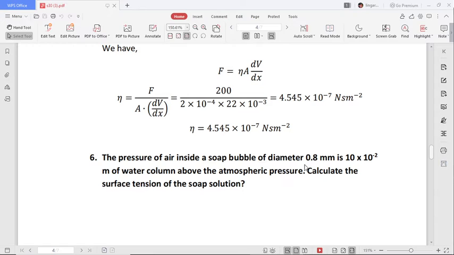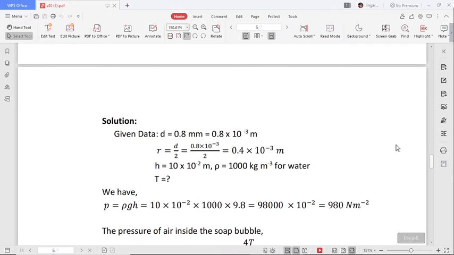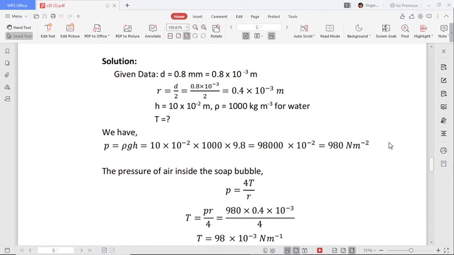Next is the pressure, the sixth problem. The pressure of air inside a soap bubble of diameter 0.8 millimeter is 10 into the power minus 2 meter of water column above the atmospheric pressure. Calculate the surface tension of the soap solution. You see, first the given values.